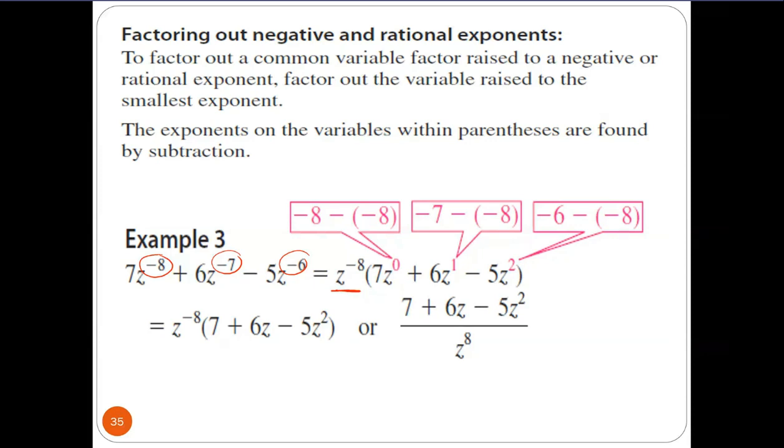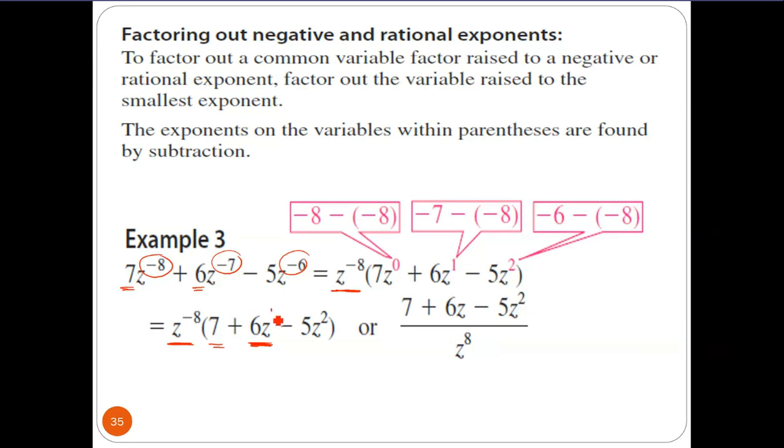So if we take Z to the power negative 8, we have 7, put it 7, and 6, put it 6. But what is the value of the exponent of Z? We put it Z to the power 1.